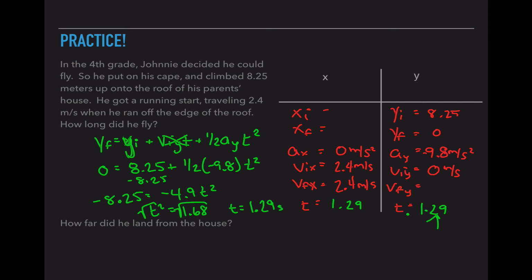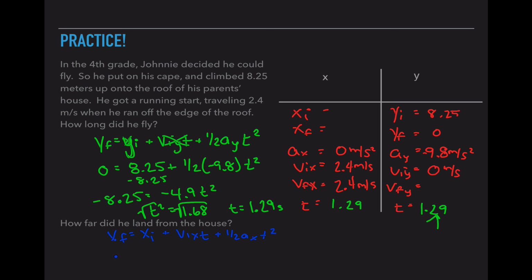Now we're solving for XF, so we can use the same exact equation, but now in the X direction instead of the Y direction. I'm going to change colors to do that one. So we have XF equals XI plus VIXT plus 1/2 AXT squared.